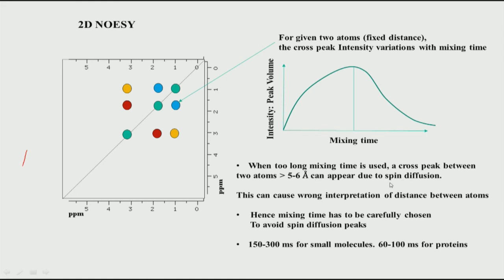So, let us understand spin diffusion here. Let us say I have an atom A, and there is a chain of the molecule, then there is B, then there is another chain C. Let us say this is some hypothetical molecule, where this distance may be less than 6 Angstrom, and this may also be less than 6 Angstrom.